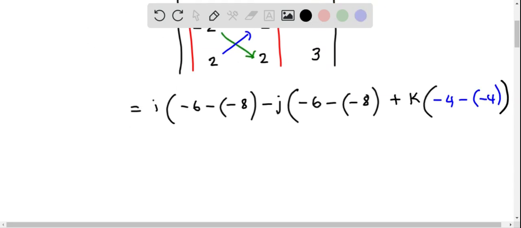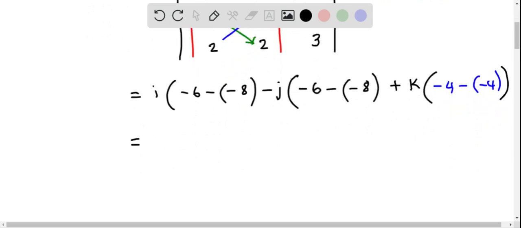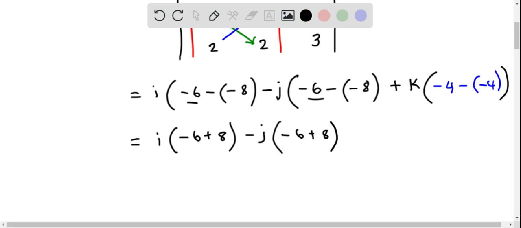Let's evaluate this. So this equals i times -6 plus 8. Then we have -j times -6 plus 8. And finally k times -4 plus 4. Let's simplify. -6 plus 8 is 2.